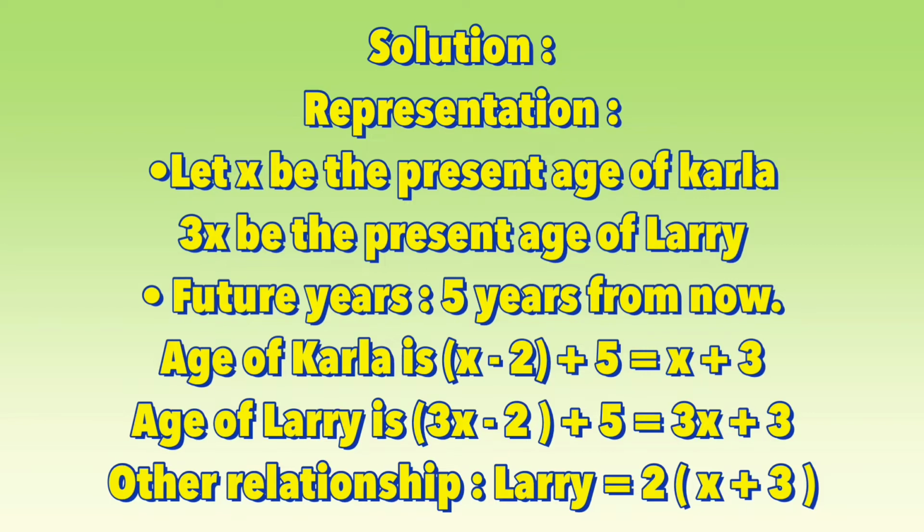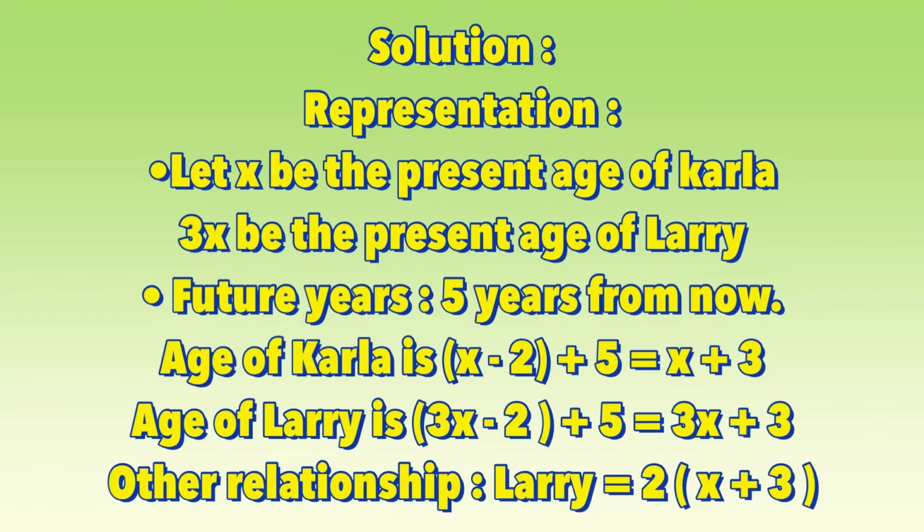And there is also another thing to consider, the future years. When we see 5 years from now, it belongs to future years, so this will be added to the present age. That's why the age of Carla is x minus 2 plus 5, and we're going to simplify it, it becomes x plus 3. Then the age of Larry is 3x minus 2 plus 5, so we simplify it, it becomes 3x plus 3.